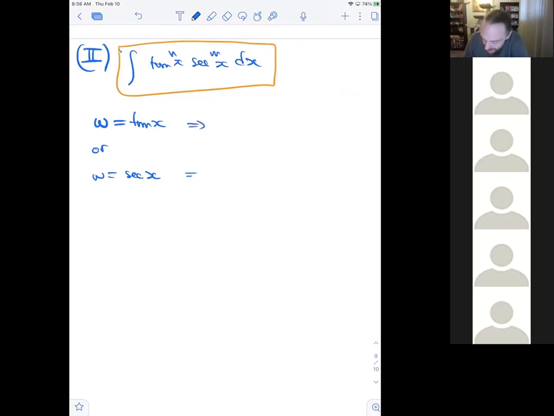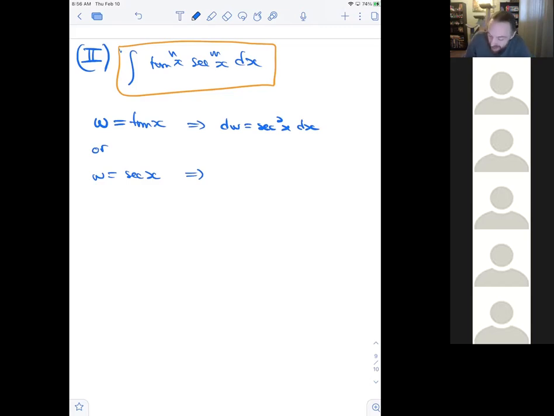This says that if I let W equal tan x as my substitution, then I'm going to get dW is secant squared x dx. And so when I do that, I'm going to want to steal two secants from something and then get rid of all other secants.